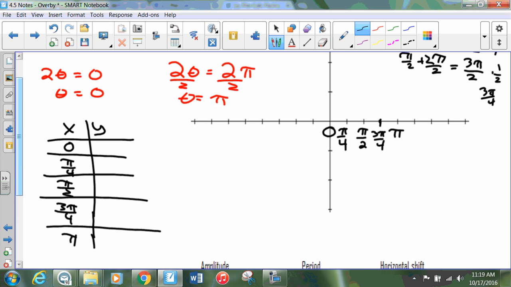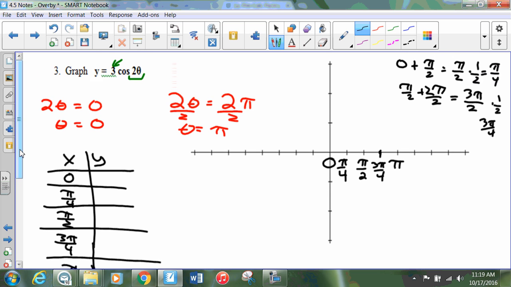And once you understand the long way, I'll show you the shortcut, okay? And then you can choose to do whatever else you want. No matter what, we have to find those tick marks. That's non-negotiable. But then there's a shortcut for graphing that I'll teach you in just a second.